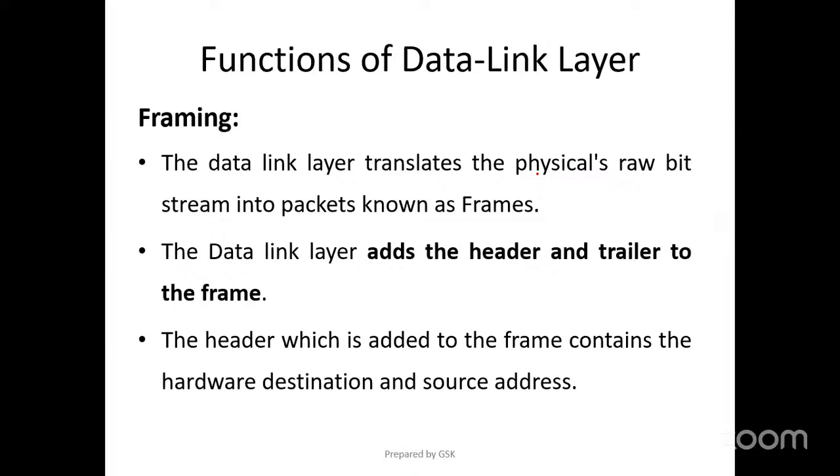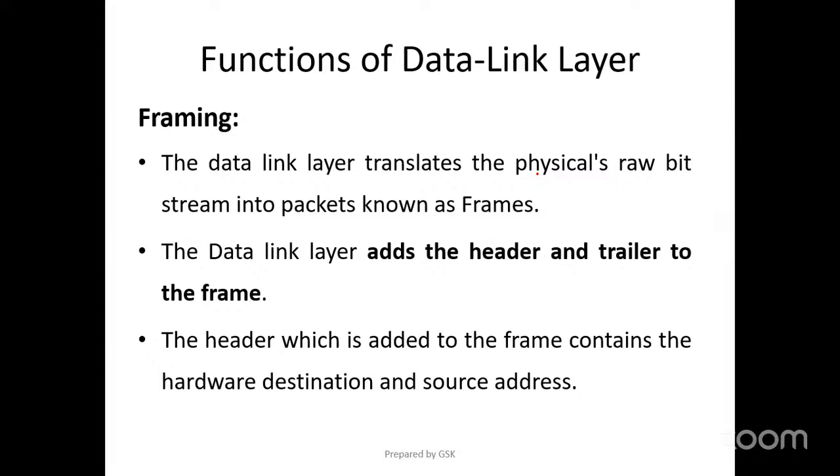Coming to the functionalities of the data link layer, a very important functionality is framing. The data link layer translates the physical layer's raw bit streams into a different form of data.